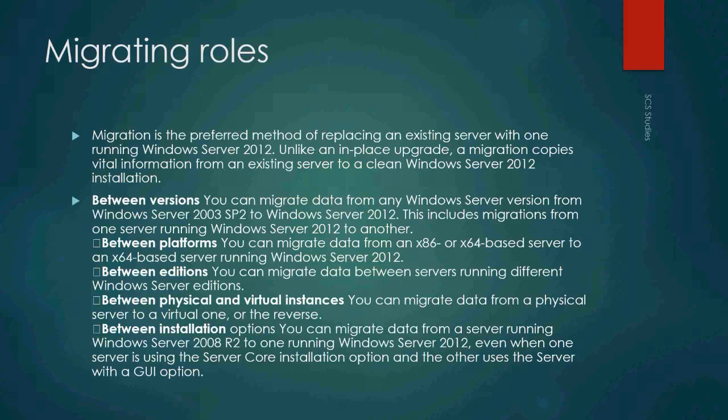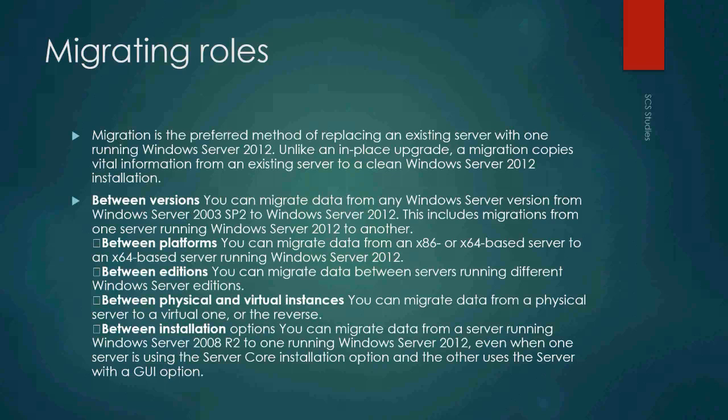Microsoft always recommends to migrate copies of the existing server to a clean, upgraded server. Let me simplify that. In an in-place upgrade, you do not need any more server instance, right?